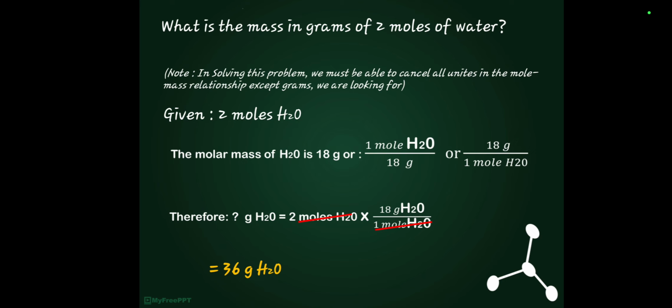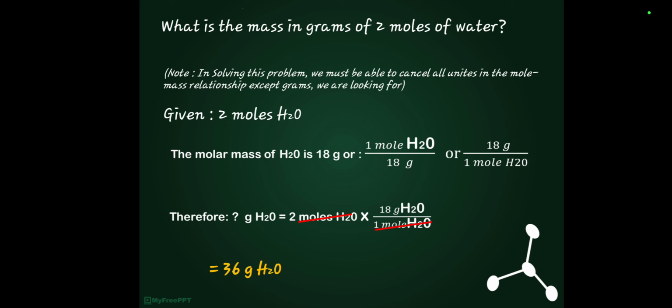So, 16 plus 2 is equal to 18 grams. That is the explanation of where we get 18 gram. So, 1 mole of H2O over 18 gram, or 18 gram over 1 mole of H2O, or water.